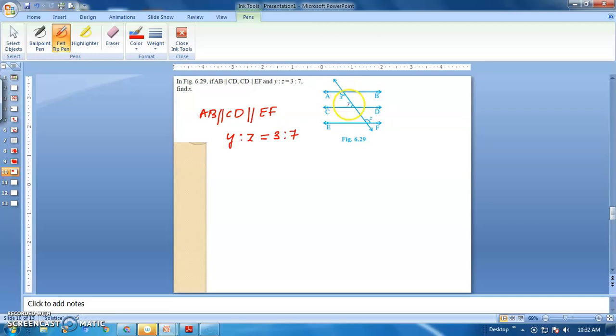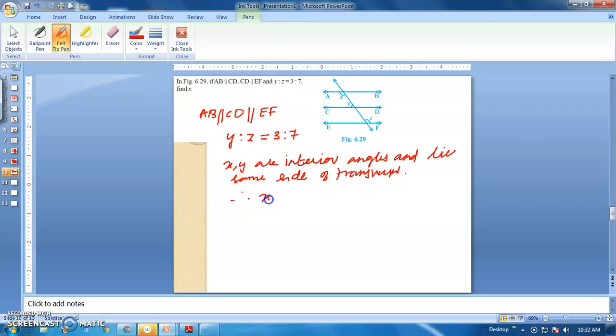These two angles lie inside the parallel lines, that is, they are interior angles. So x, y are interior angles and lie on the same side of the transversal. Therefore they are supplementary.